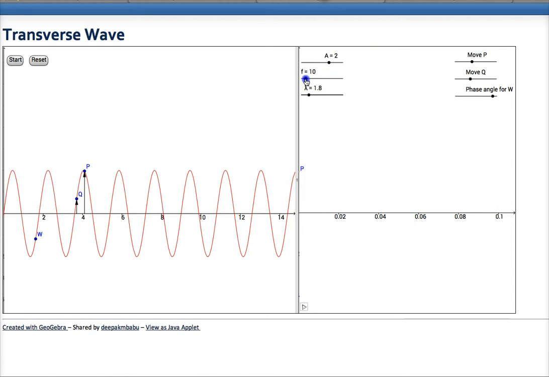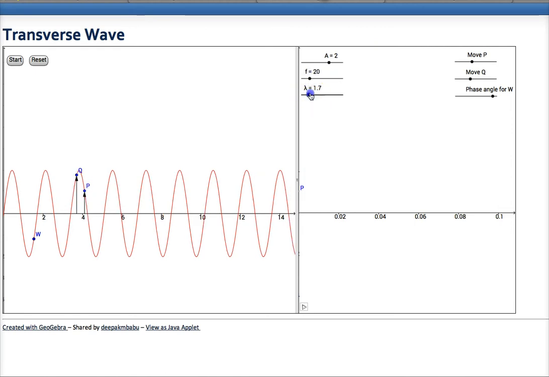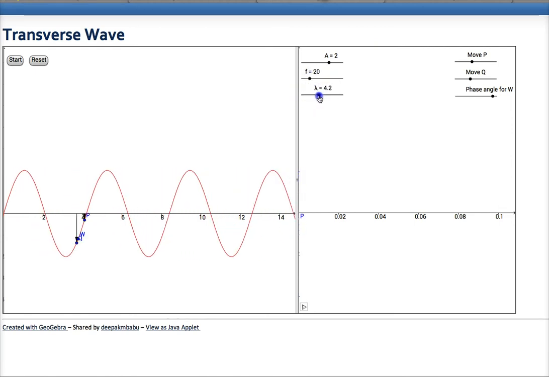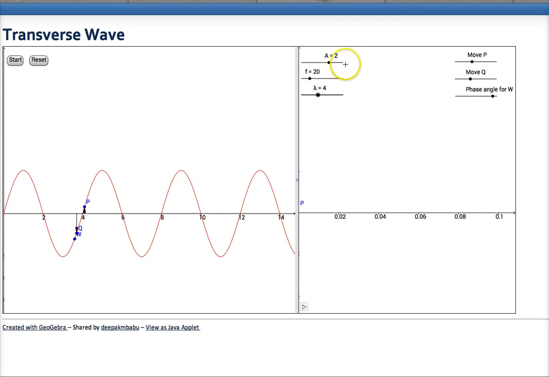We're talking 20 Hertz this time, lambda at 4 meters, same as earlier. Amplitude is 2, point P at 4, point Q at 6, and point W to coincide with point P. Okay, this is our starting point. The only change I've made is to frequency. Now let's start again and stop with one cycle.